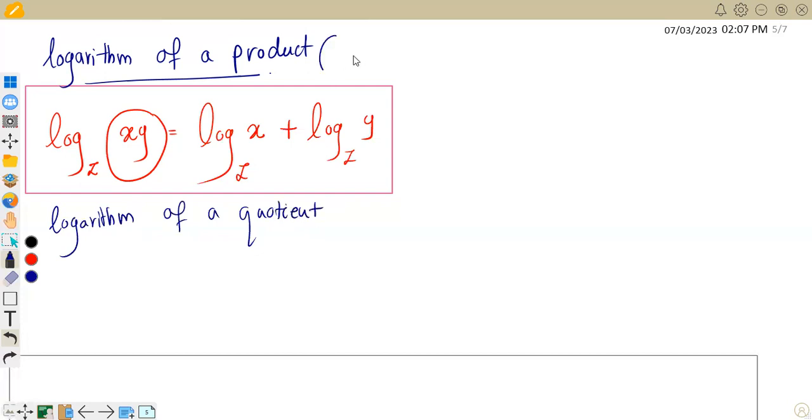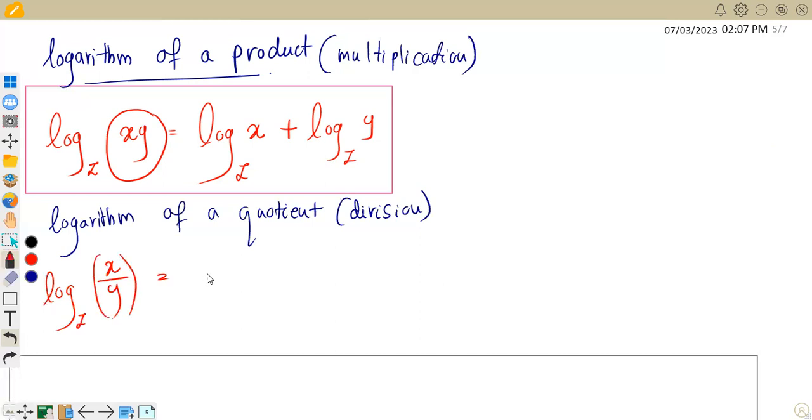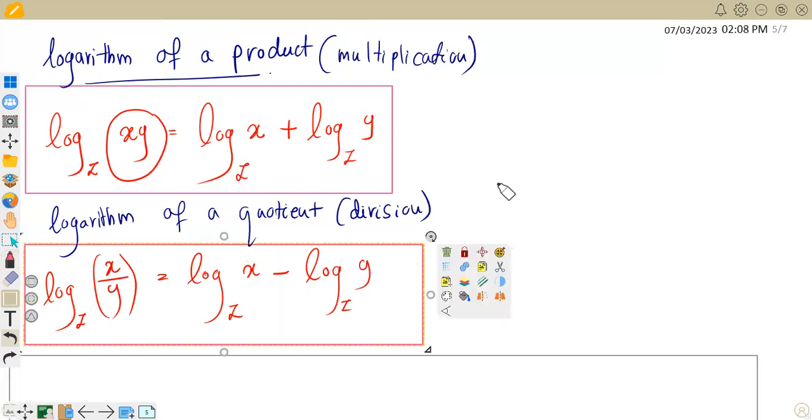Actually, product means multiplication. Quotient means division. Then logarithm of x divided by y to the base z equals logarithm of x to the base z subtract logarithm of y to the base z. Okay, that means if you have a division, you have to subtract the log terms.